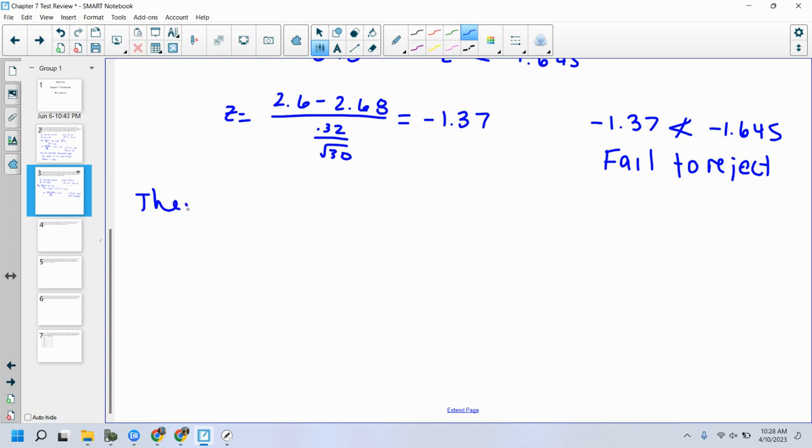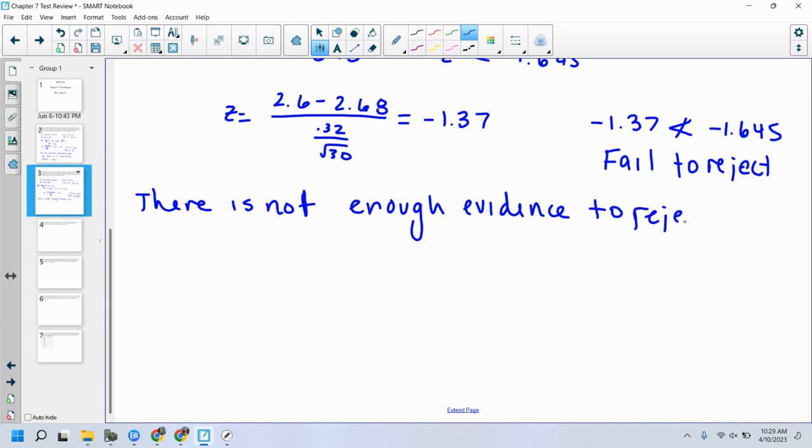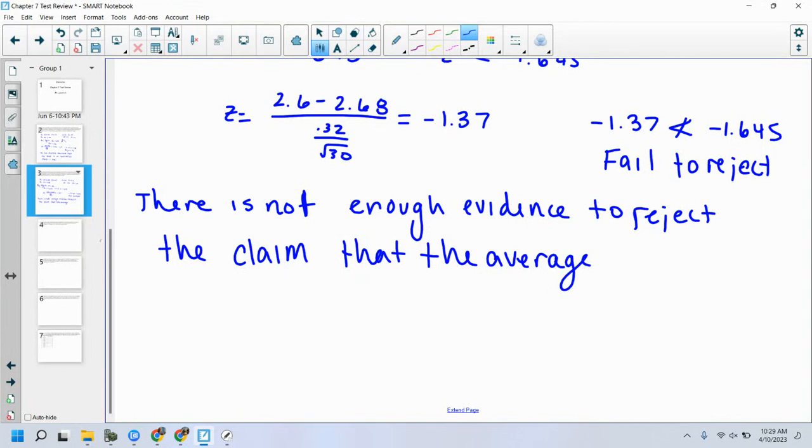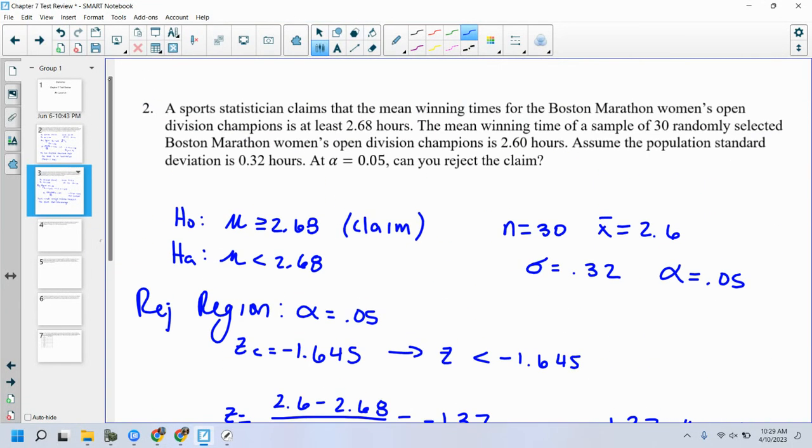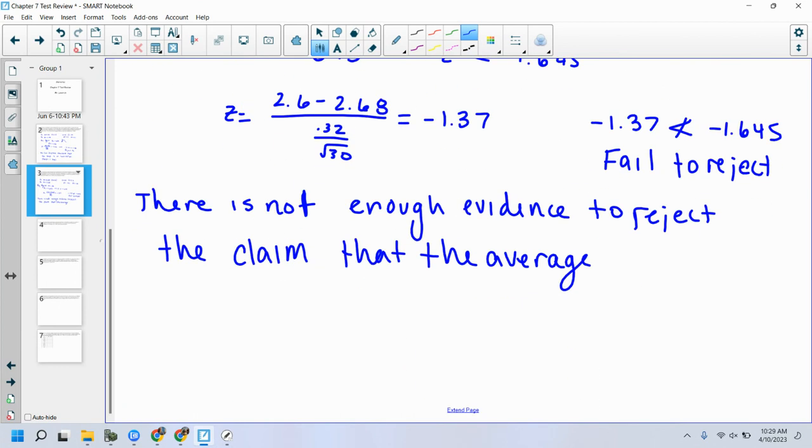We say there is not enough evidence to reject the claim or disprove the claim that the average winning time was at least 2.68 hours.